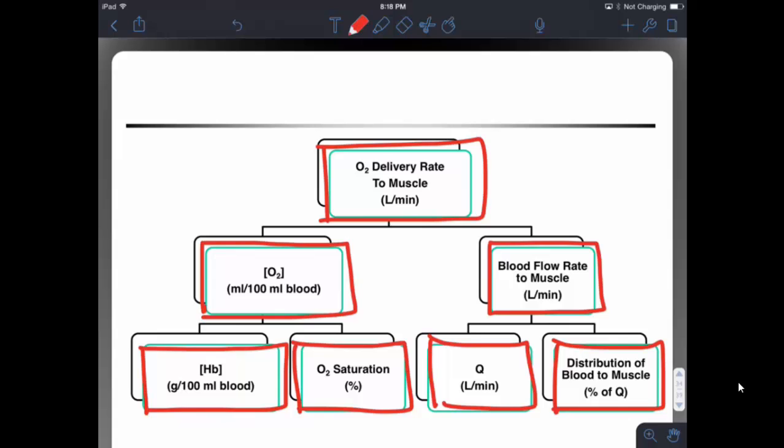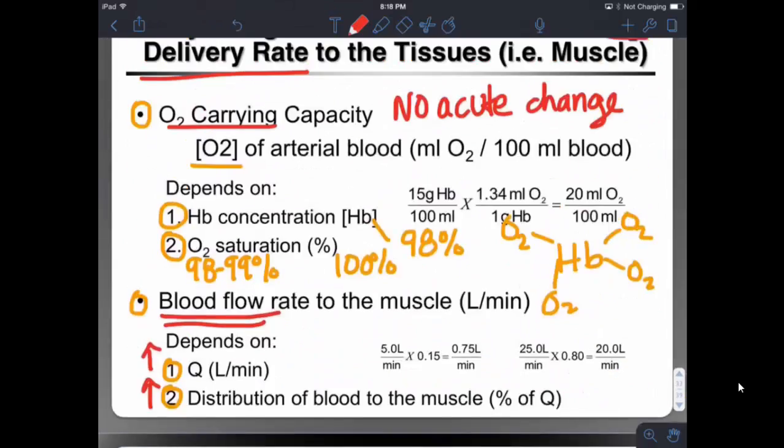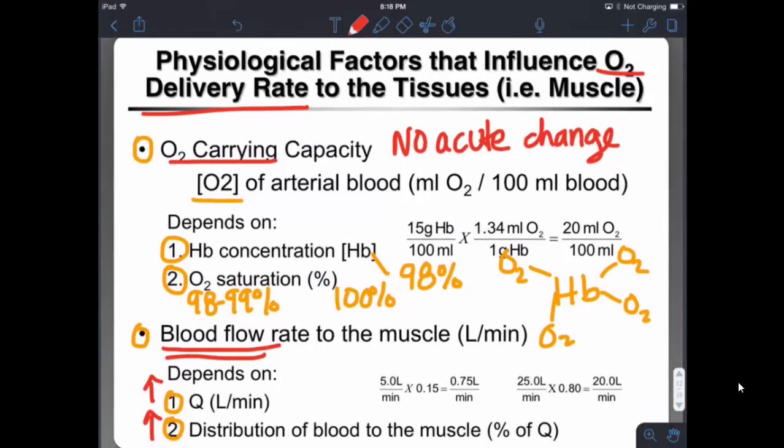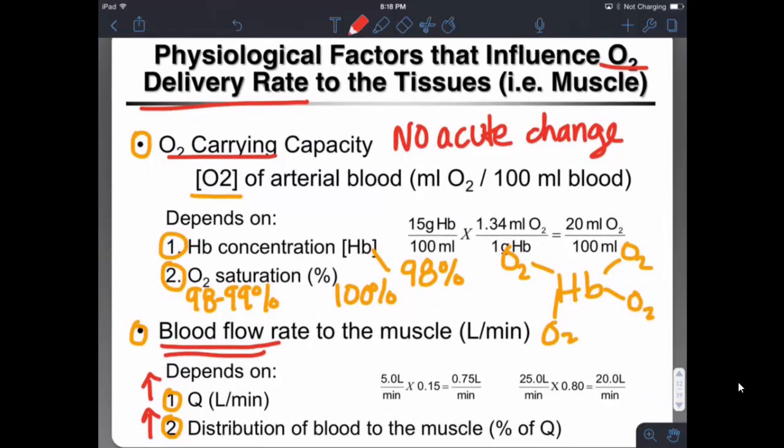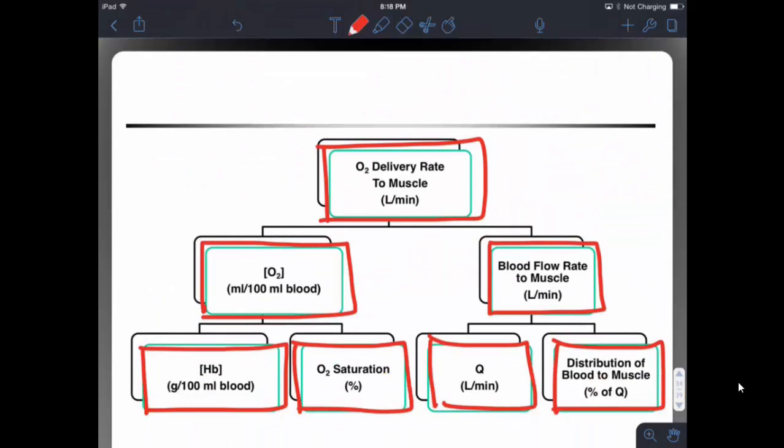So that's the hierarchy that basically illustrates this slide right here. This slide is really valuable to help you pull all that together, and this is going to be reflected on your final concept map.